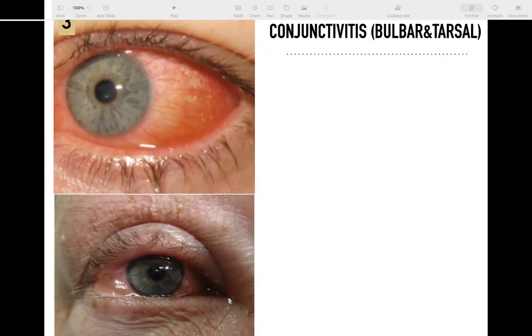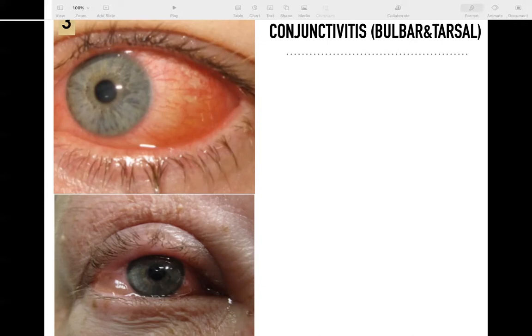The conjunctiva is either bulbar or tarsal. Also, the tarsal could be named palpebral conjunctiva. So the bulbar and tarsal conjunctiva, and in between them there is the fornicial conjunctiva, which fills the fornices, the upper fornix and the lower fornix, which are the sacs of the conjunctiva between the tarsal and bulbar conjunctiva.